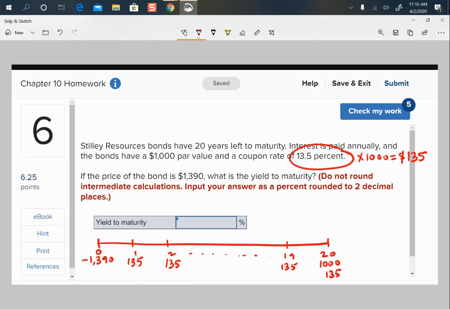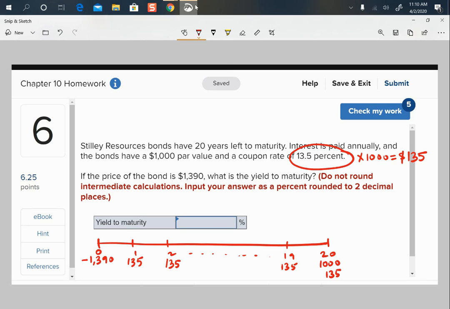You can use the formula, but it's going to be a tedious process to determine the yield to maturity using the formula. So you're better off using Excel or a financial calculator. Let me show you how we use Excel to determine the yield to maturity.